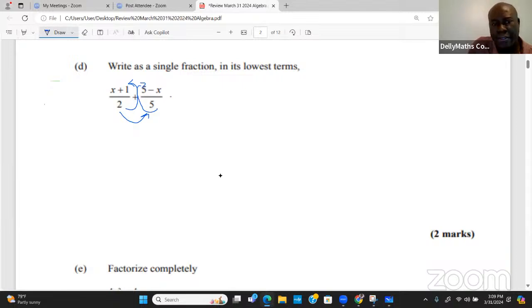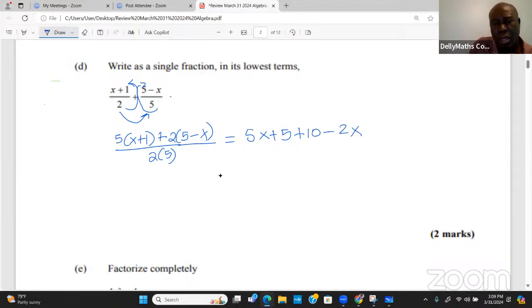So basically, what we have is 5 times x plus 1 plus 2 times 5 minus x all over 2 times 5. So what we're going to have is 5x plus 5 plus 10 minus 2x all over 10.